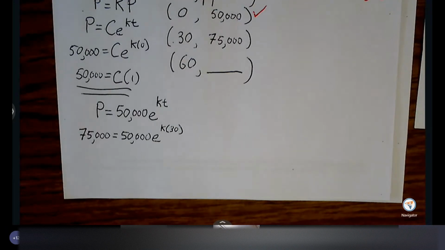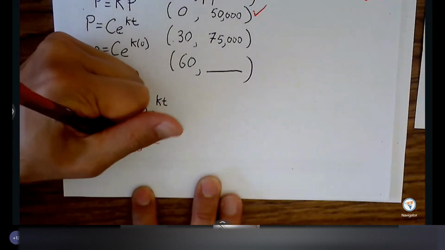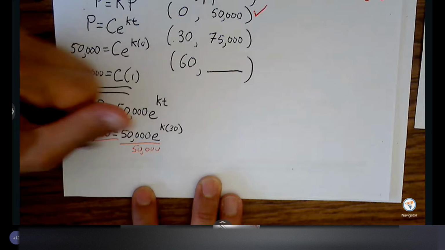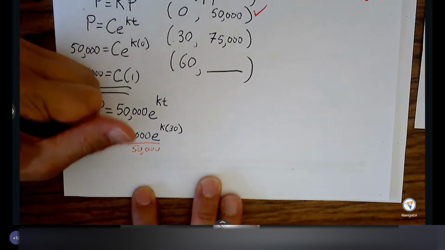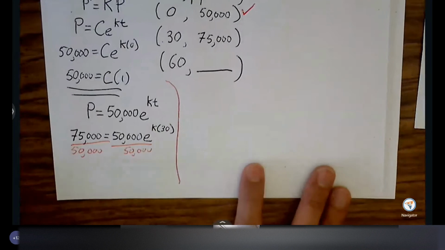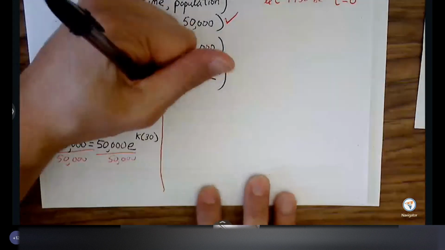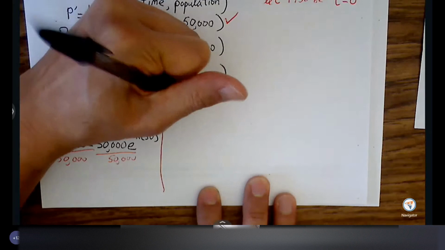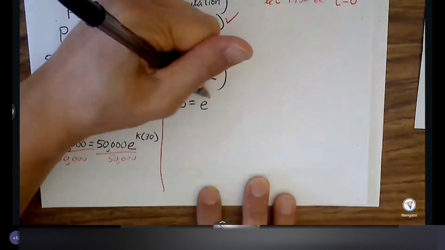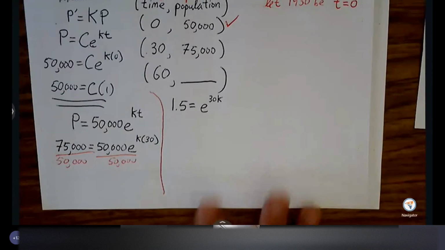So I'm going to divide that 50,000 over first. Use your calculator. 75,000 divided by 50,000 reduces to be 1.5. Cleans up nicely. 1.5 is equal to e to the 30k.